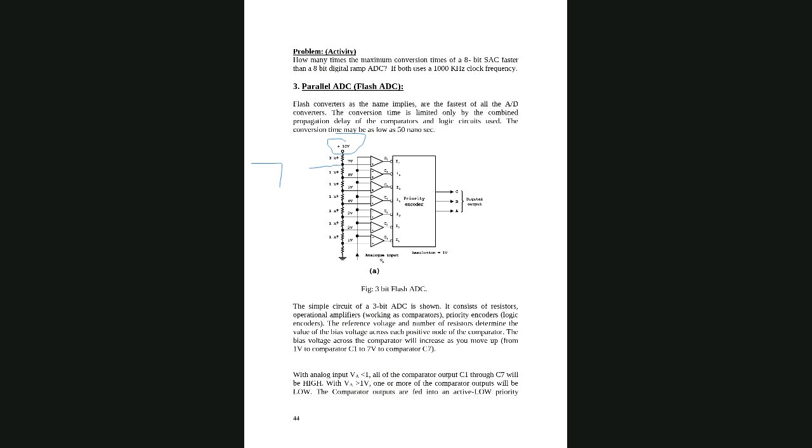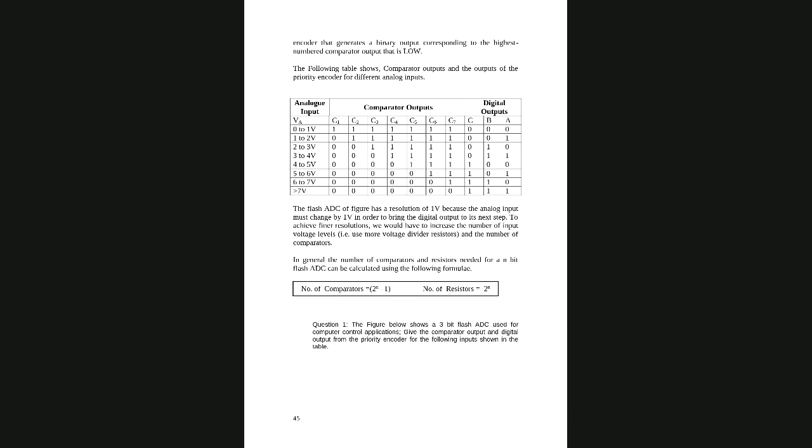So the negative terminal value will be more than all of them. Therefore, all this comparator will give you how much? All 0, right or not? Clear? All comparator output will be 0.